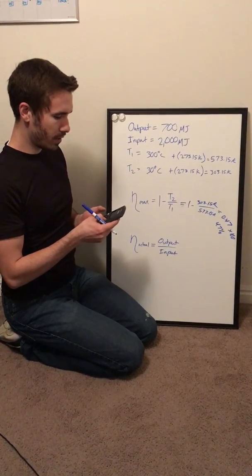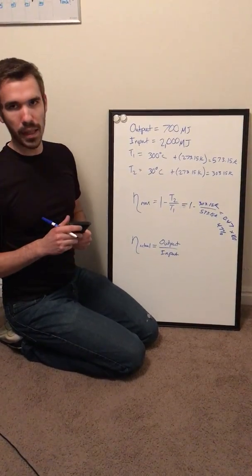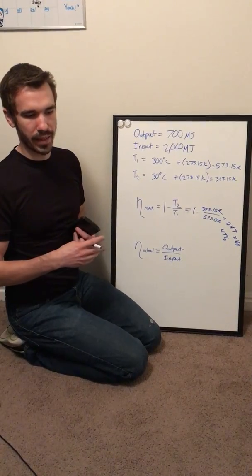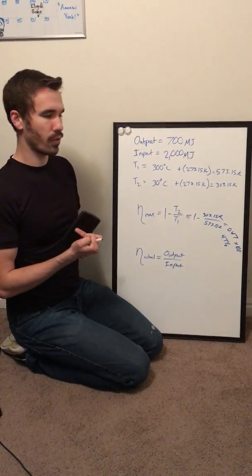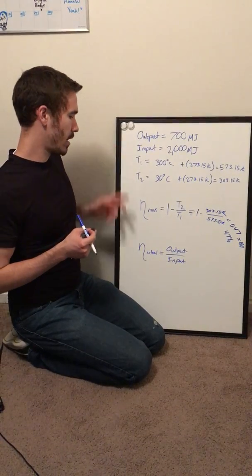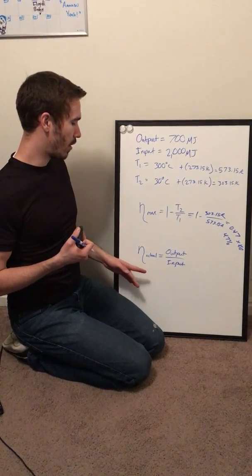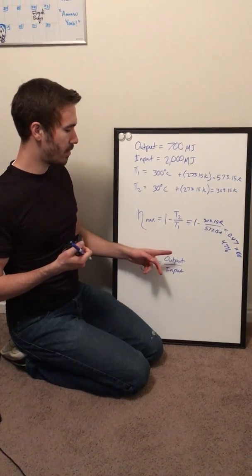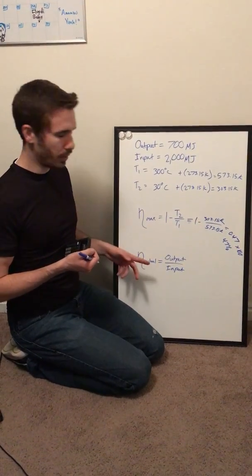Next, part B asks what is the plant's actual efficiency. To do that, we can just use the values it gave us at the beginning. Our actual efficiency equals the output divided by the input.